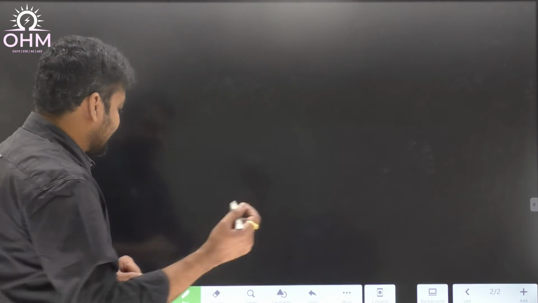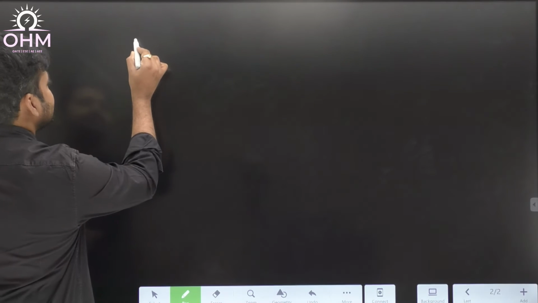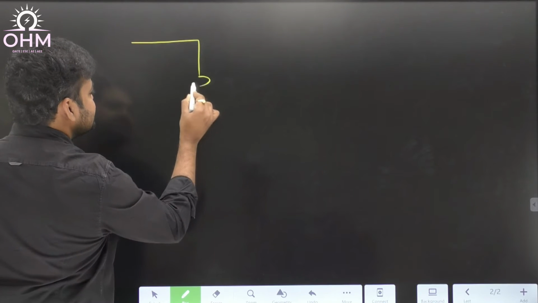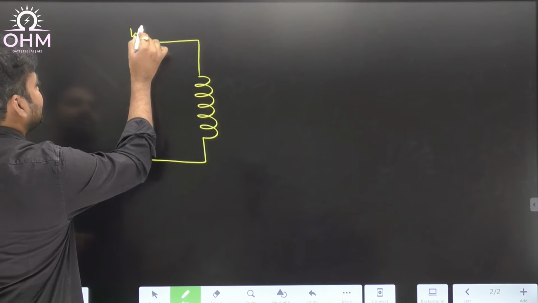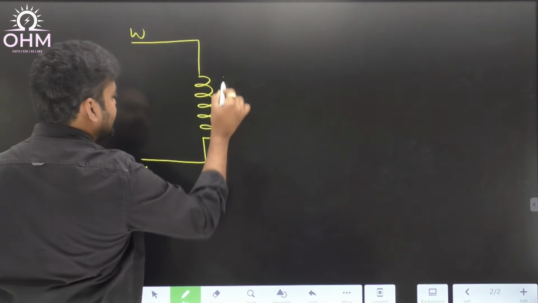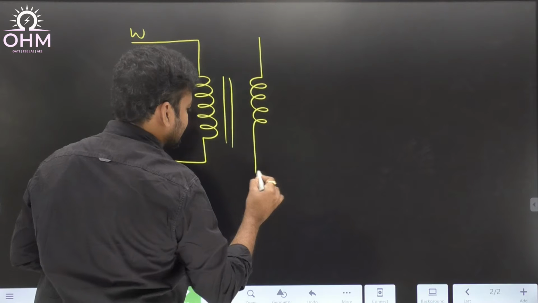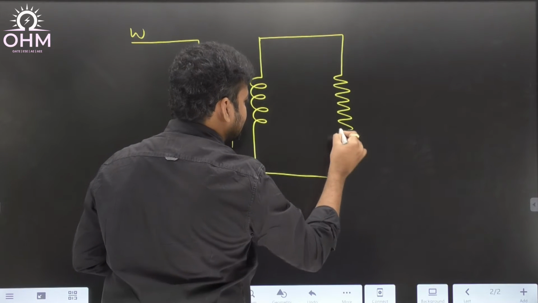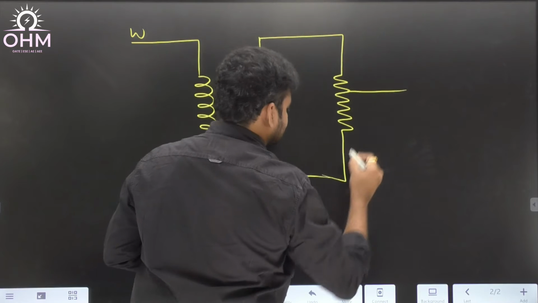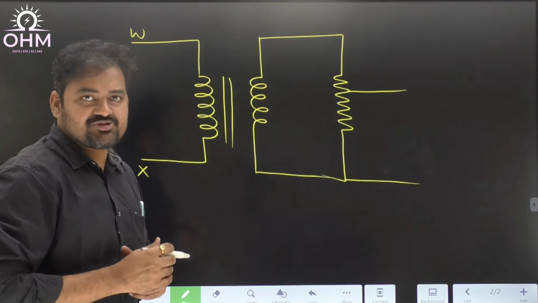I will redraw the diagram. This is the primary side of the transformer, with terminal W and terminal X, and here we have the secondary winding, connected to a rheostat, with the tapping taken exactly at 80% because the attenuation factor is 0.8.